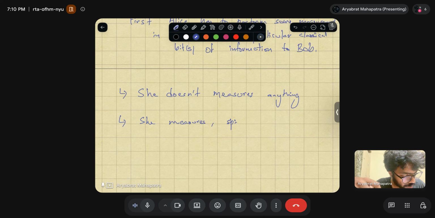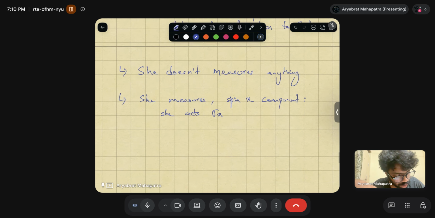It means that she acts sigma x on her entangled qubit.